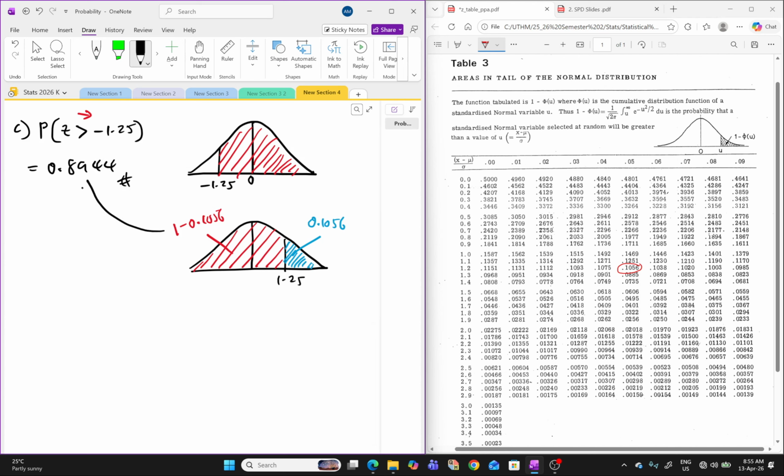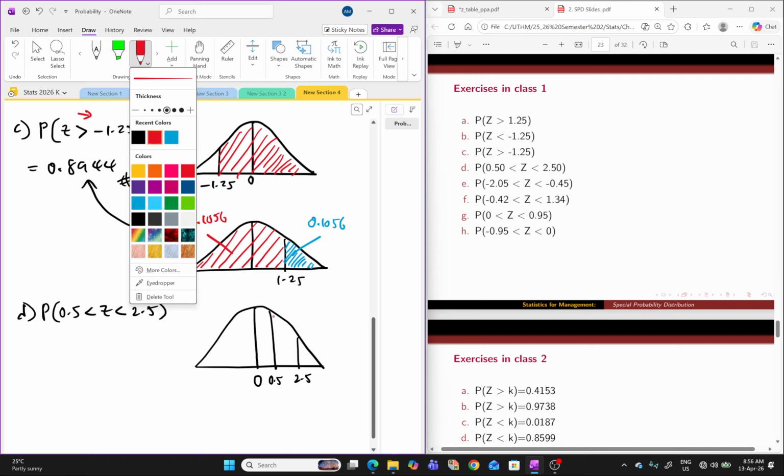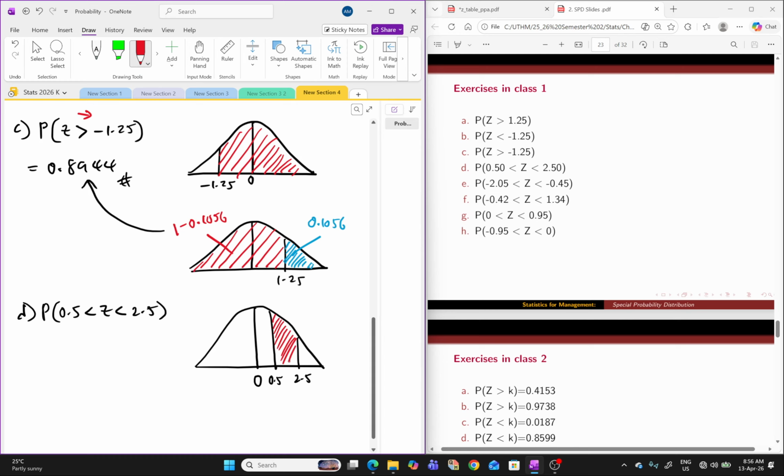How to shade this? 0.5 and 2.5 both are positive. So 0.5 you put it somewhere here, and 2.5 put it somewhere here. You want to find only this part. Okay, I leave it to you first how to find. You try first.